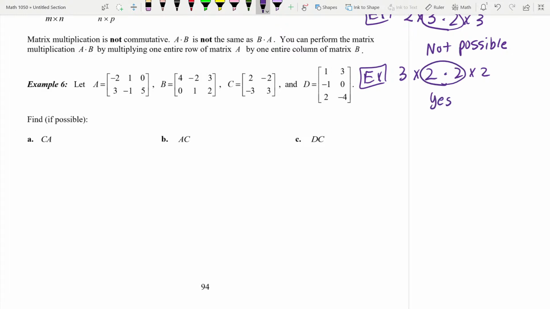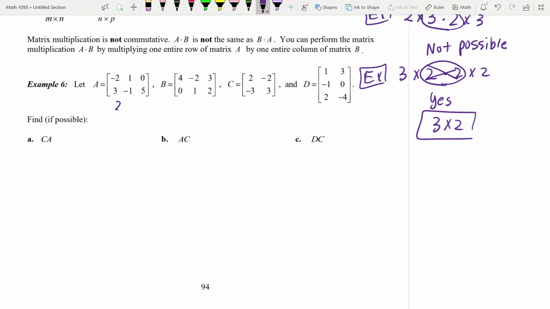If you get rid of those 2's that match, the result is a 3 by 2. So I have seen a question on a final that reads: if you multiply a 3 by 2 by a 2 by 2, the order of the resulting matrix is, and your answer would be 3 by 2. I would love it if that were on our final, because that would be easy.